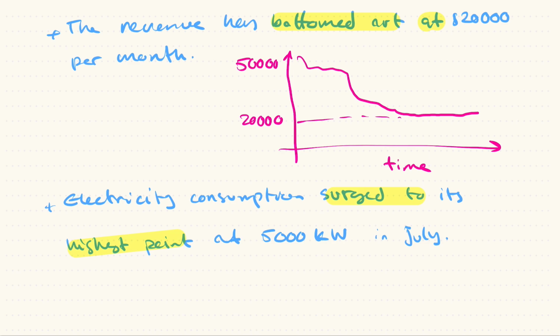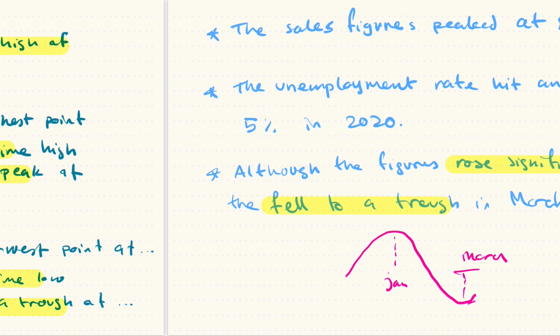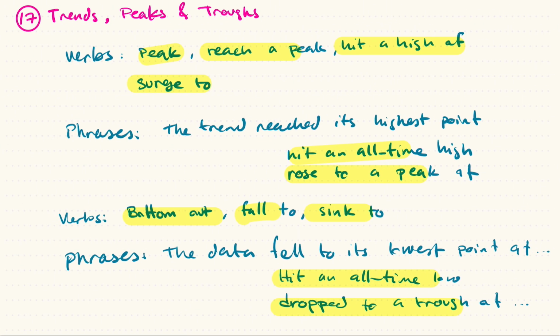Imagine different scenarios where you have a peak, a maximum, a minimum, and with these phrases we mentioned, peak, bottom out, fall, sink to, hit a high, surge to, write a few sentences for yourself, and you can be sure that when exam time comes, you can write these easily.